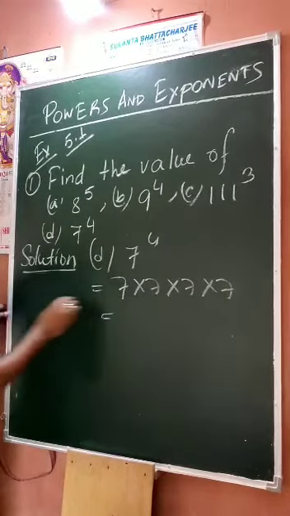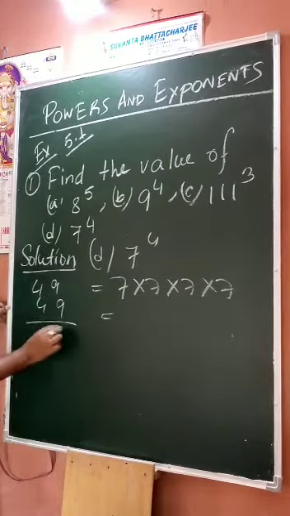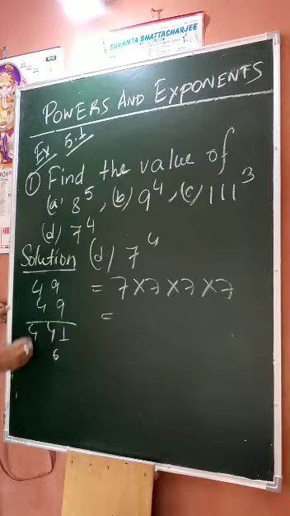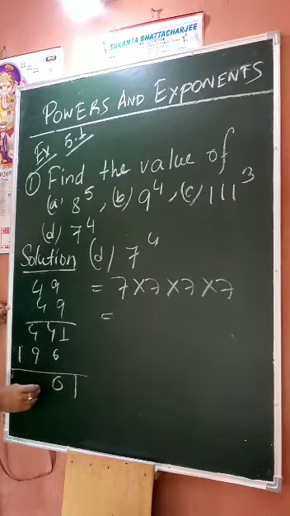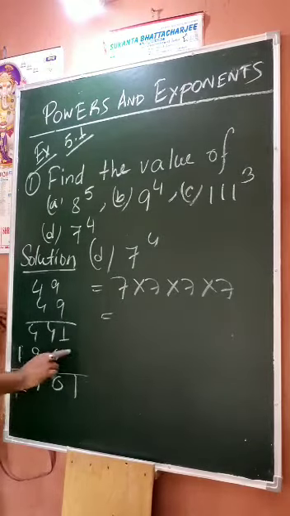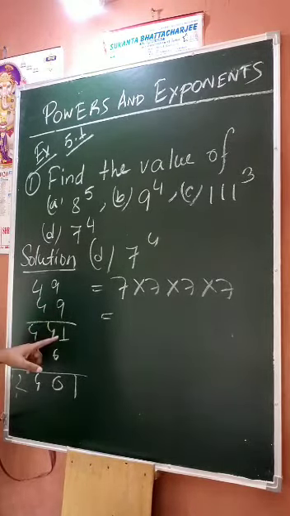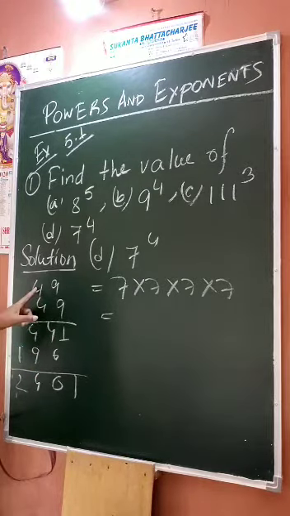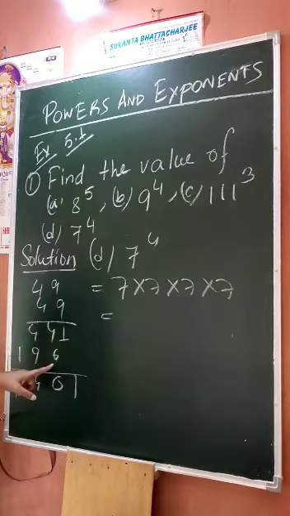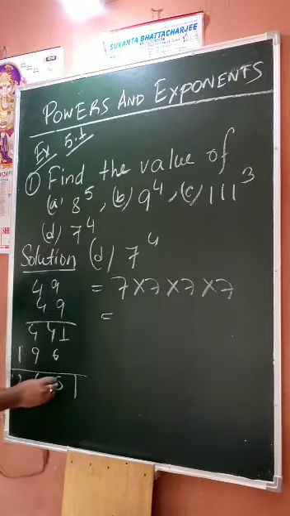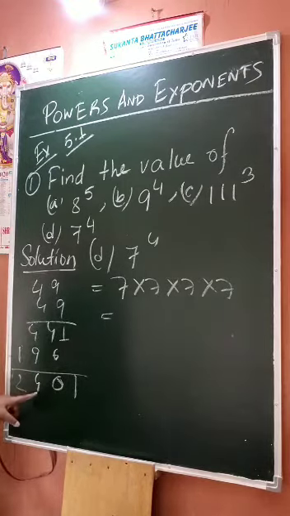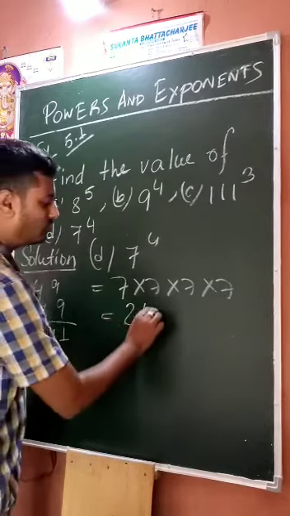So this 49 and this 49, 49 into 49 you have to multiply. Carrying and adding the partial products, the result is 2401.